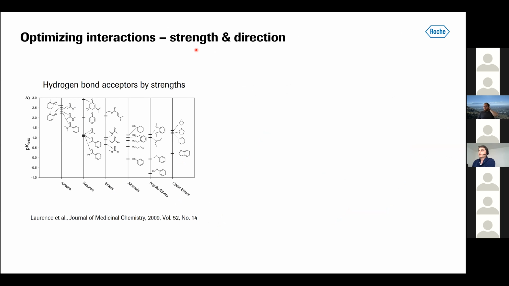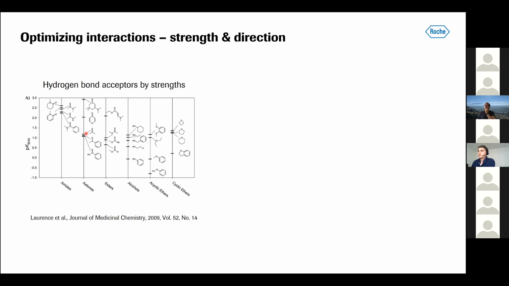And there are two critical aspects to this. One is the strength of the interaction, which, for example, can be measured experimentally, as in this paper where they measured the acceptor strength of different chemical motifs.